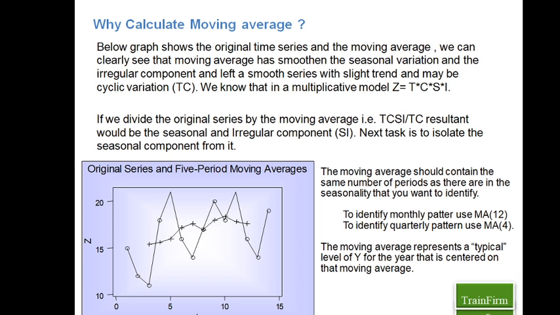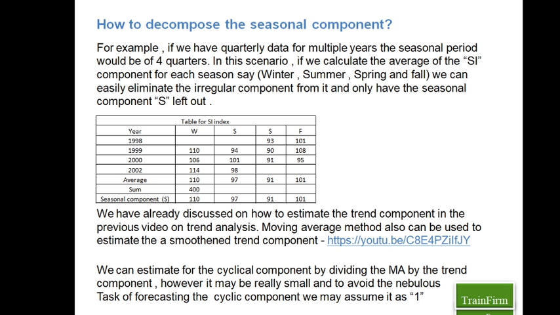So keep in mind, whenever you are deciding upon the moving average order, like if it's a 4-quarter moving average, 12-month moving average, whatever, it has to be equal to your seasonality period, right? So that's typically something you need to keep in mind before deciding upon your moving average order.